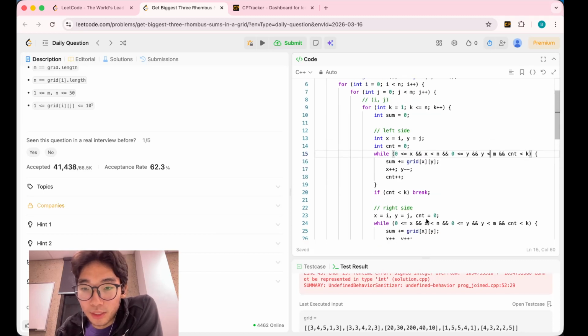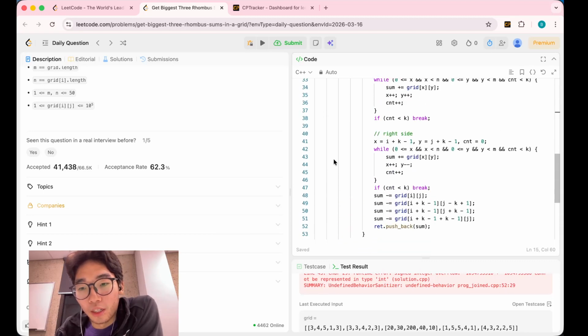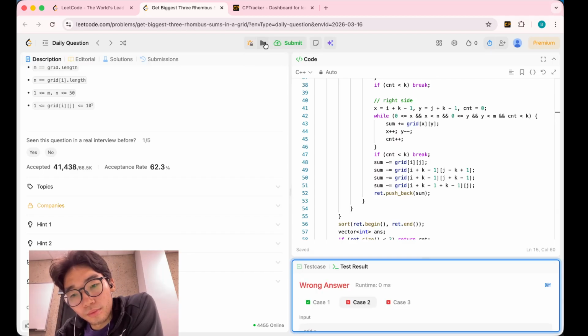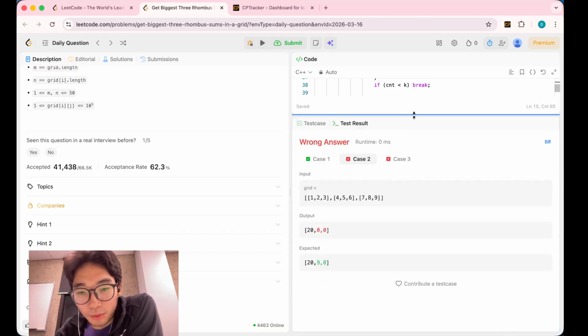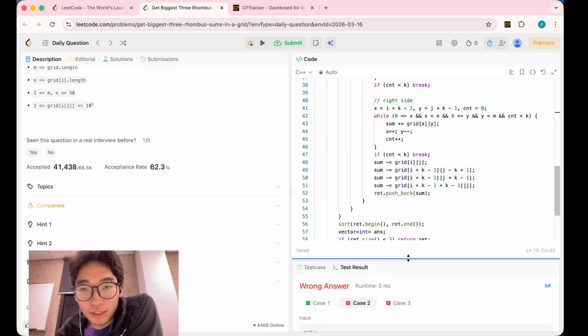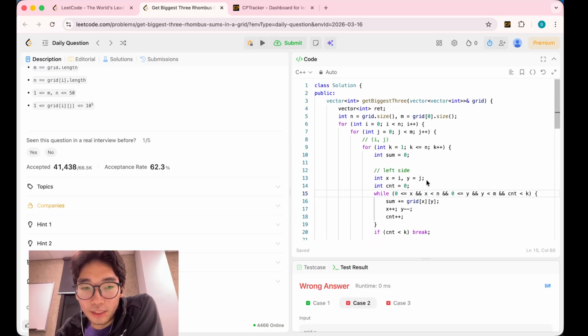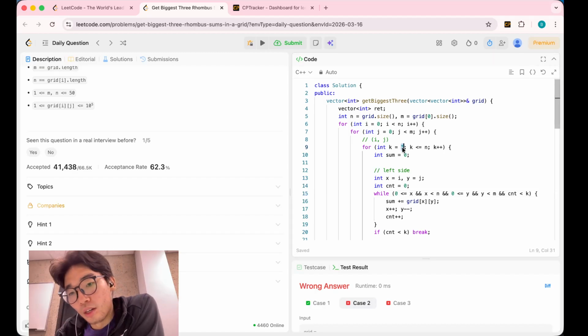There's been a small mistake, but still, would it cause that issue? Maybe. Okay, we are getting a wrong answer. Then maybe we are not thinking about one case, no.